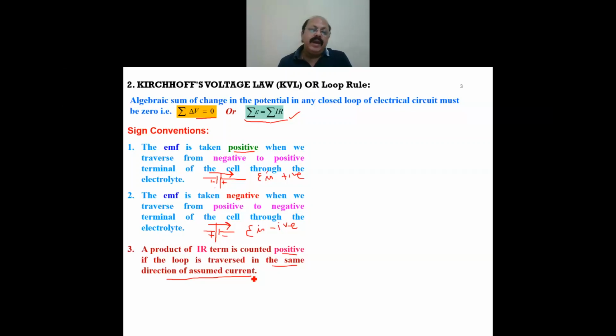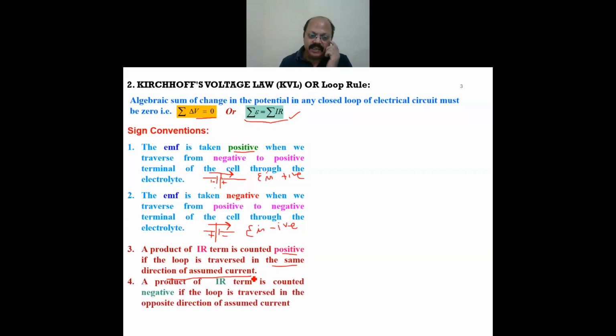Here you just remember it, because here some mistakes generally the students make. When the direction of the loop and the direction of the current are the same, at that time the product of current and resistance is taken as positive. In some books it is written as negative. That I will also tell you, that is also correct.